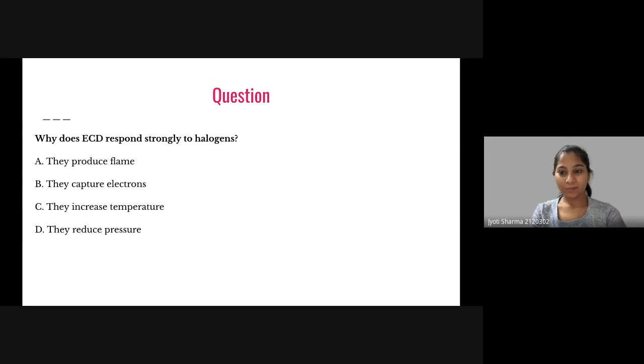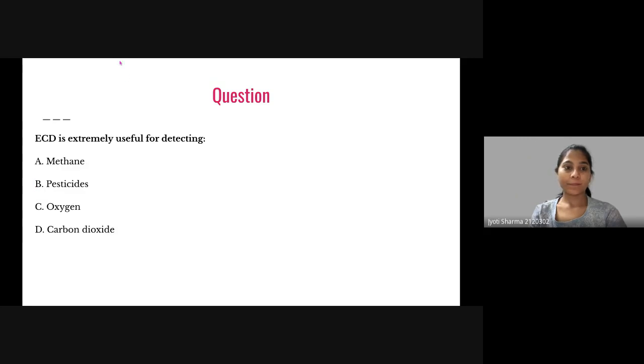I think this is the simplest question that I prepared. So, because it is related to electron, right? And that's why this is strongly related to halogen, because they can capture the electron. ECD is extremely useful for detecting, and we have four options here: methane, pesticide, oxygen, carbon dioxide.